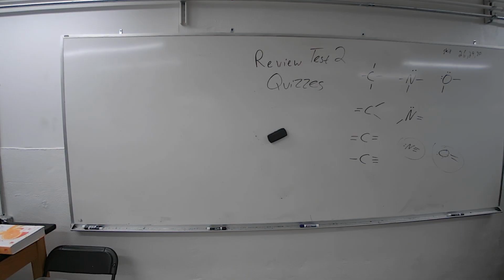Now look at this nice linear-looking oxygen. What's the shape around this oxygen? It's very linear-looking. But it's not linear. It's bent. And what's the angle? Yes. How about this nitrogen?